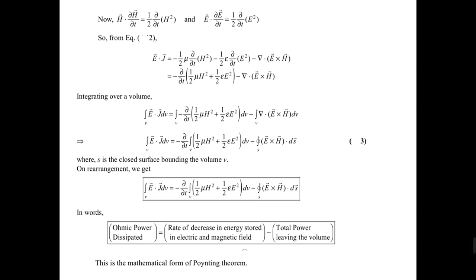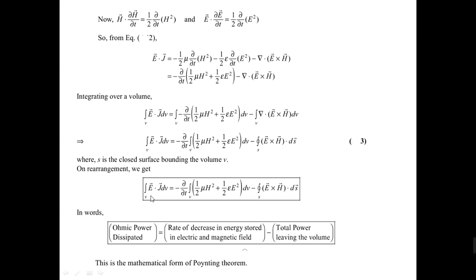So the volume integral of del dot E cross H can be written as the surface integral of E bar cross H bar dot dS, where S is the closed surface bounding the volume V. Now on rearrangement of this expression, finally the volume integral of E bar dot J dv is equal to the negative time derivative of the volume integral of half into mu H square plus half into epsilon E square, minus the surface integral of E bar cross H bar dot dS.